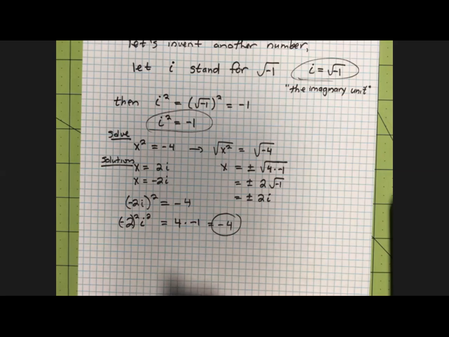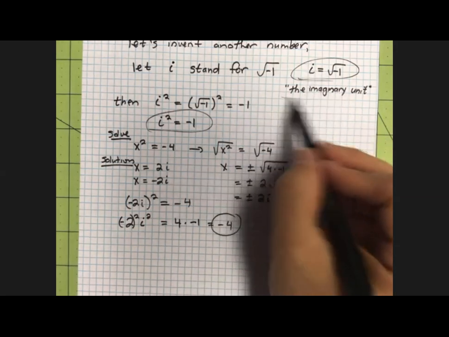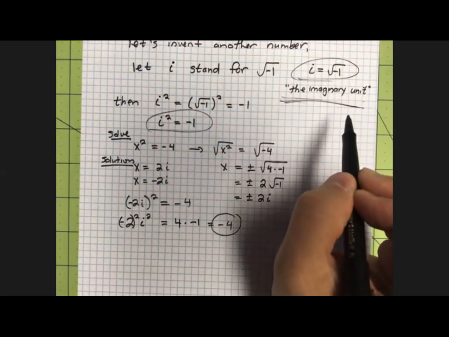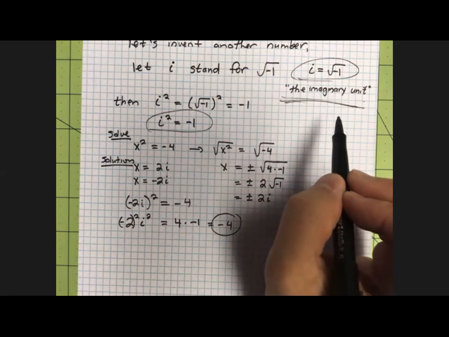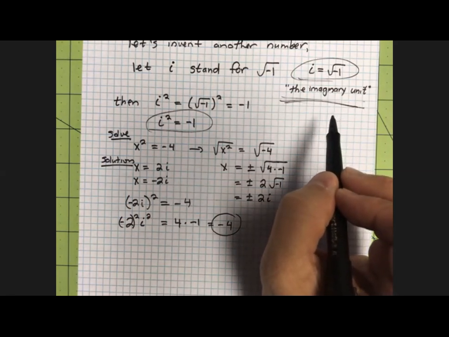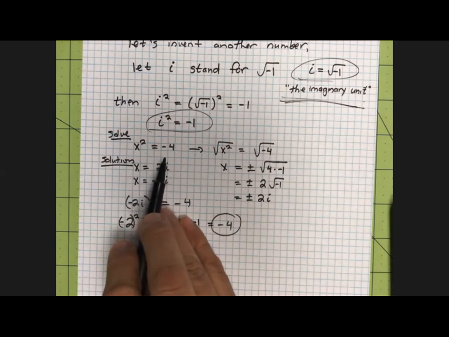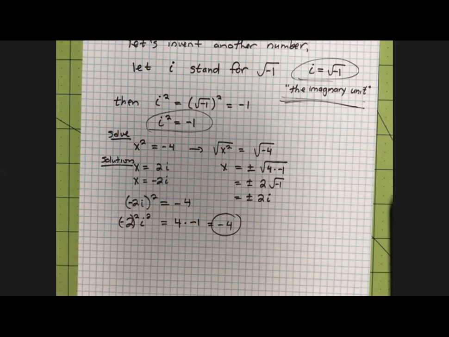So what this number, called the imaginary unit, does is it opens the door for you to solve more problems. And on the face of it, you may say, I didn't need to solve any of those problems. But it turns out that there's lots of problems like this in science and engineering that use this imaginary unit.